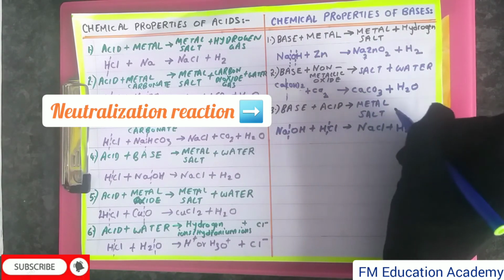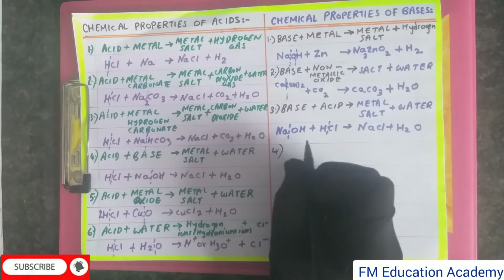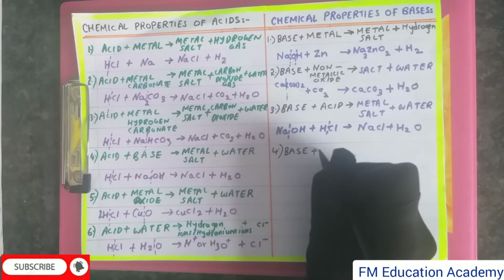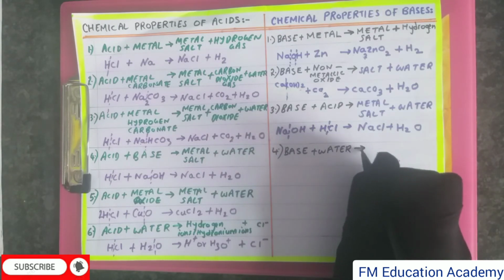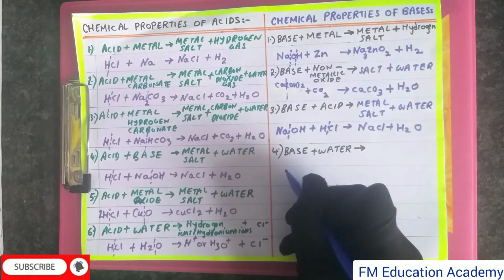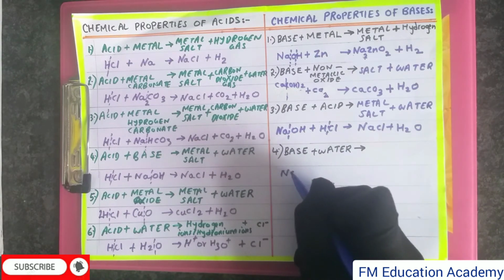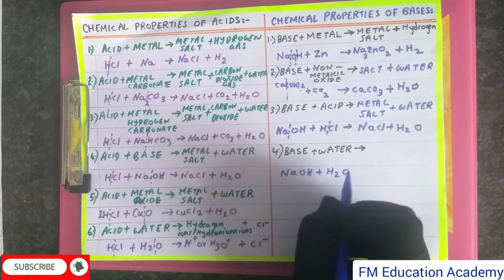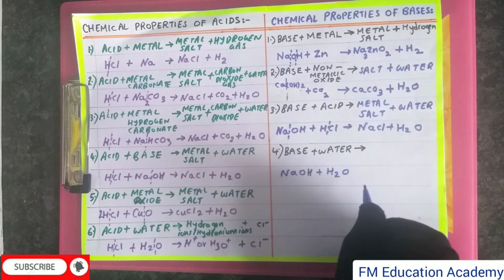and water is formed. The fourth chemical property we will take is what will happen when a base reacts with water. What base are we taking here? Let us take the base as NaOH, and we know the formula of water is H2O. Whenever a base dissolves in water, a decomposition reaction happens.